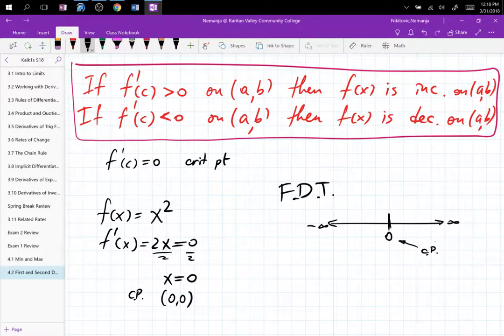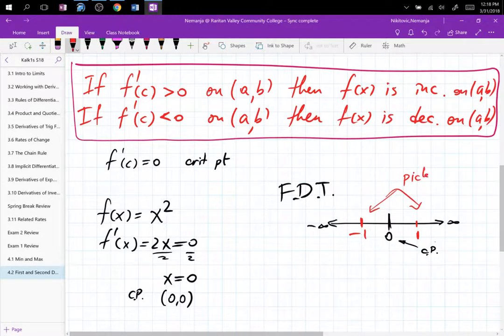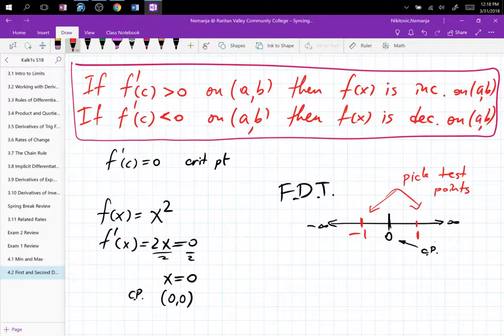I don't have any vertical asymptotes, so this is the only thing that is partitioning. Now what I do is pick test points, one in each interval.